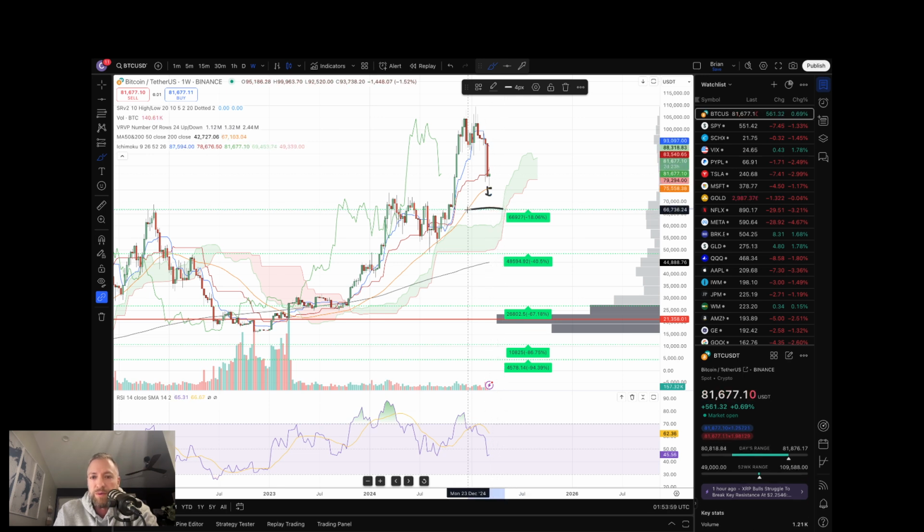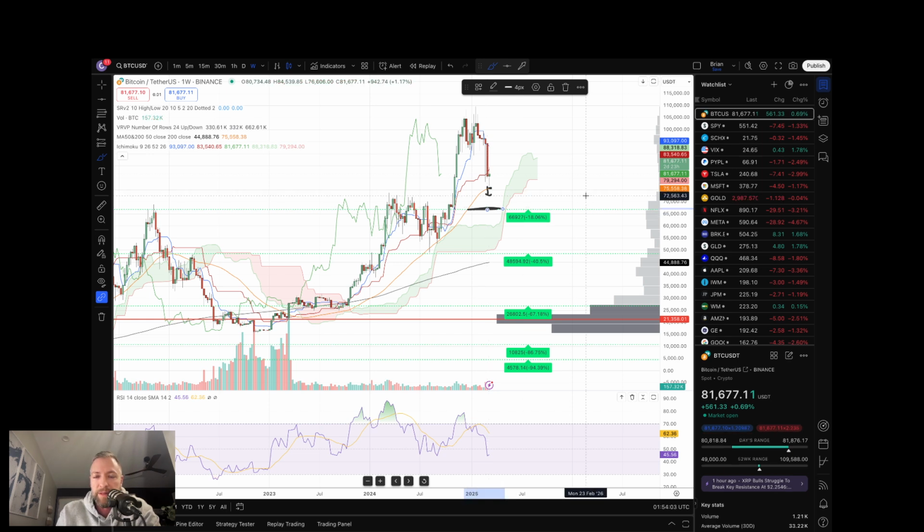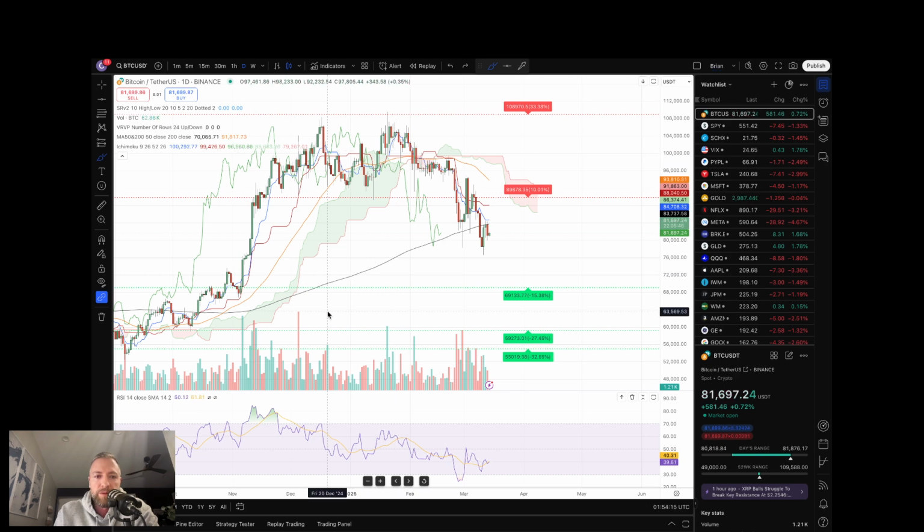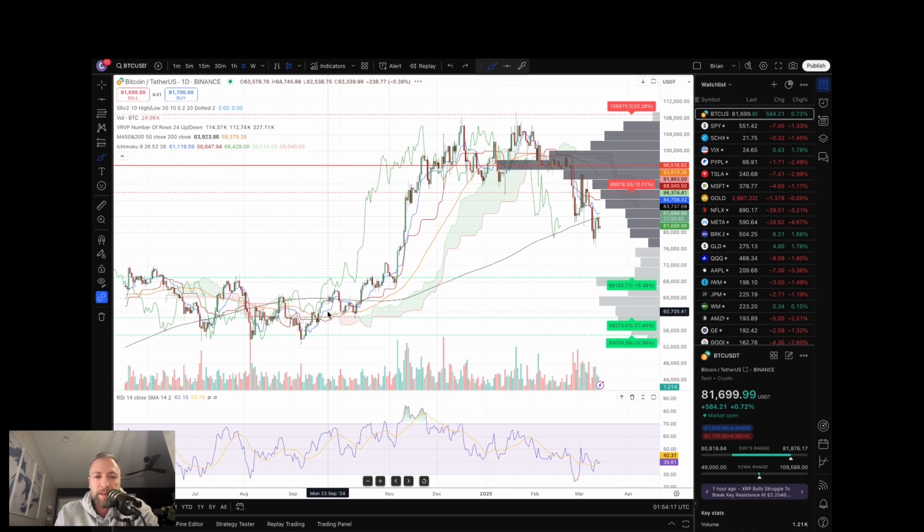Our support is right here. The next support is 66,927. The volume profile, once again, pretty absent right here. So those are some of the key things I look at.